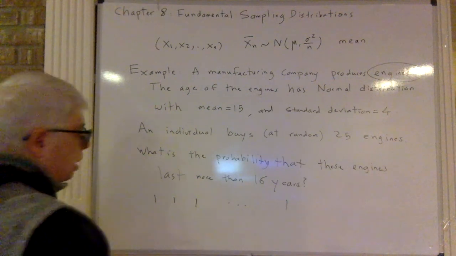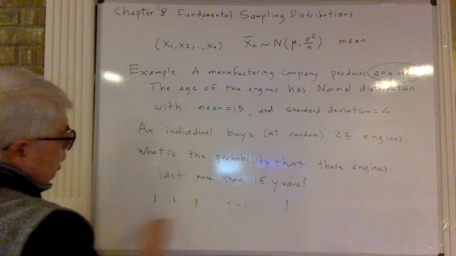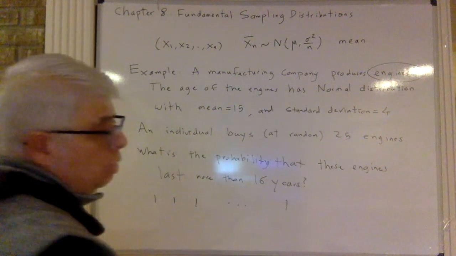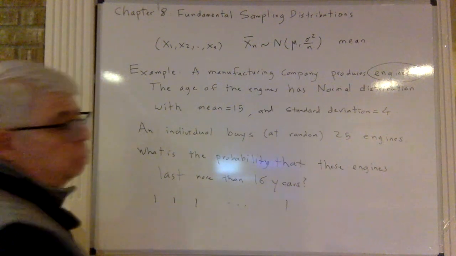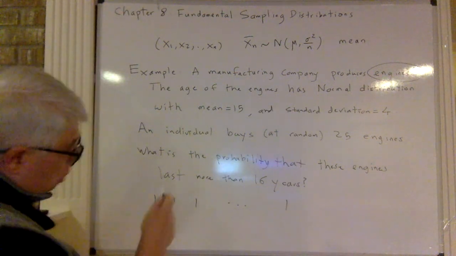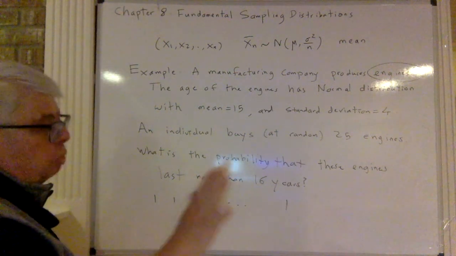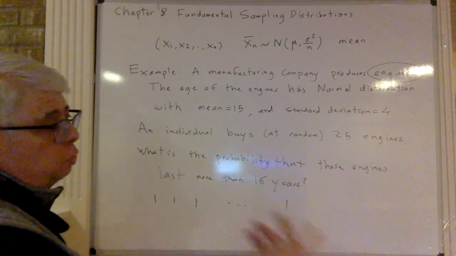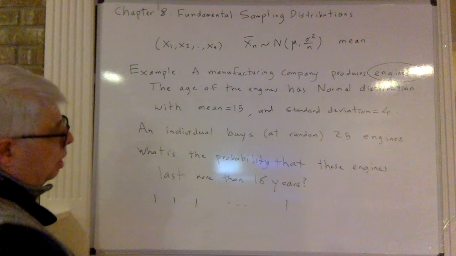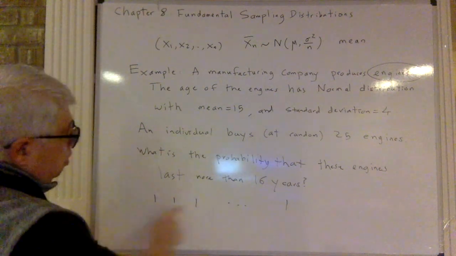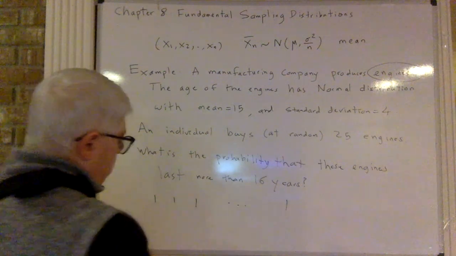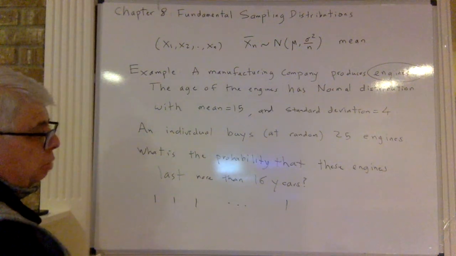Whatever, you're predicting. Each one of them is like a random variable that a stat student picks from the population of students. It's like you have 25 students, each one picks an engine at random. Then you ask this question: what is the probability that the average age of these is bigger than 16?